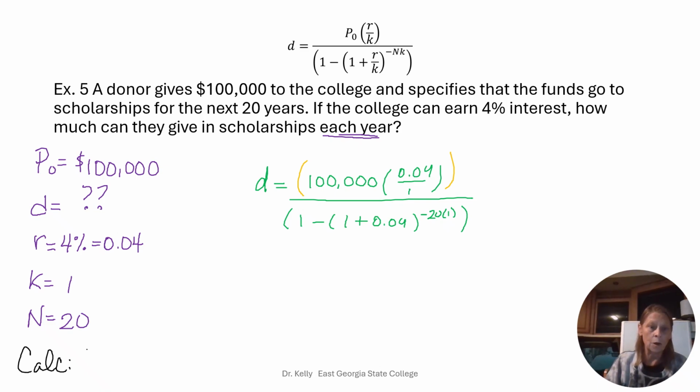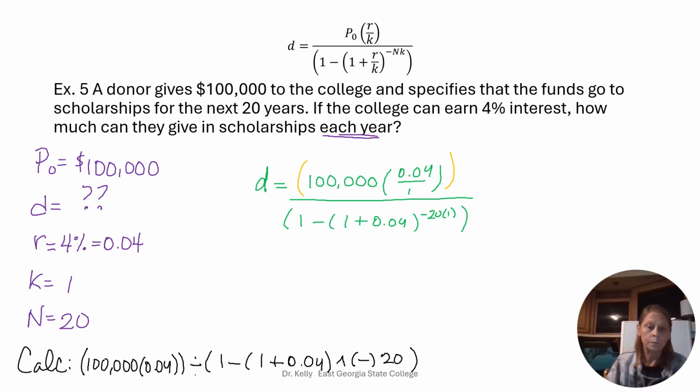So it's going to be open 100,000 times 0.04 close, divided by open 1 minus open 1 plus 0.04 to the power of negative 20, close, enter.